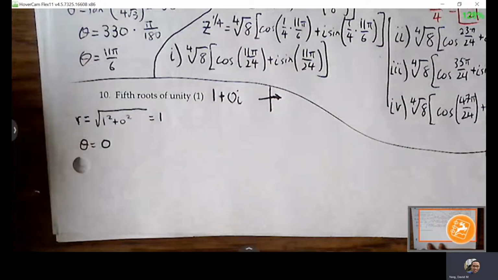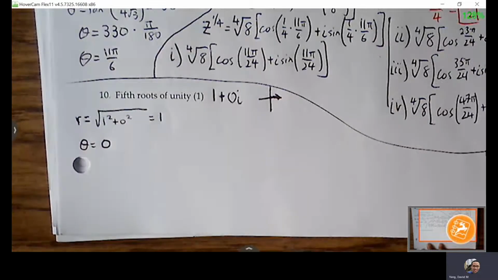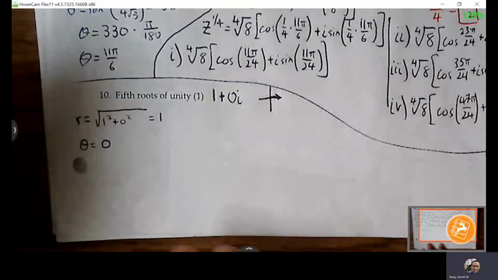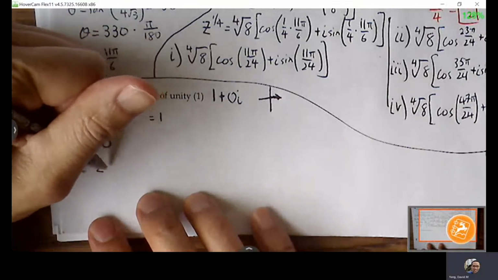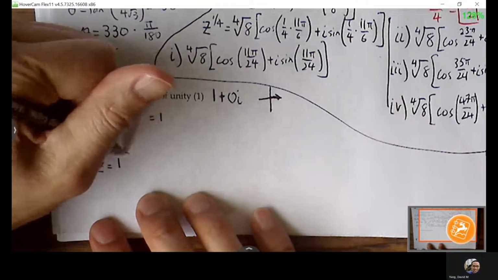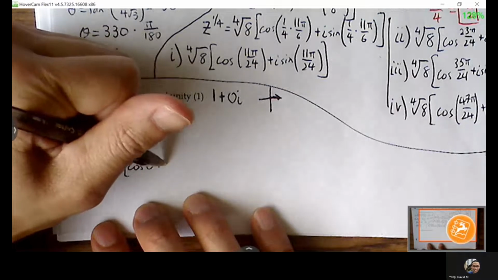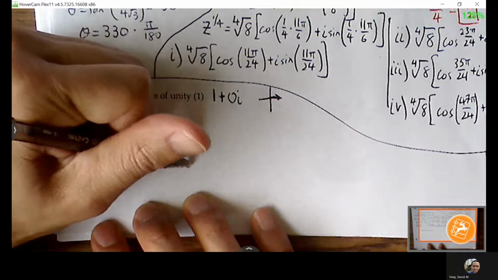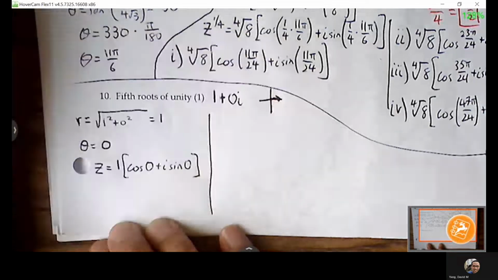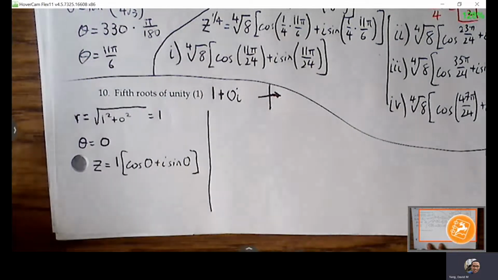Okay, you have your r and theta. You get it into polar form. So now it's the 5th root.